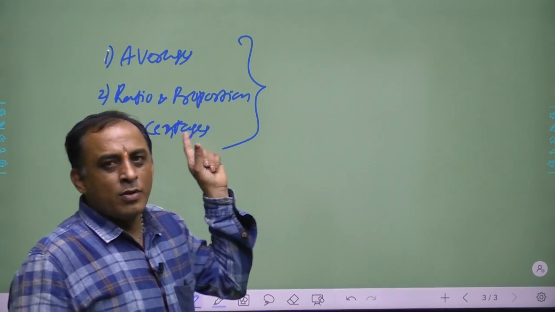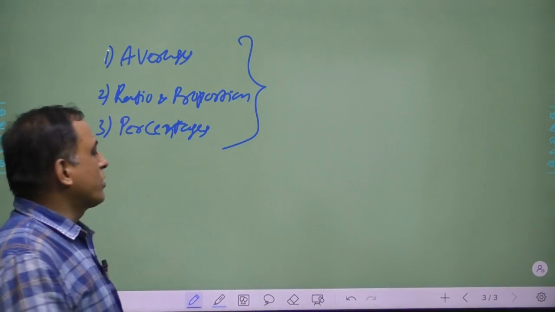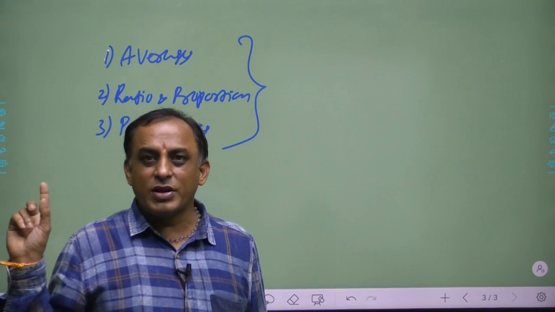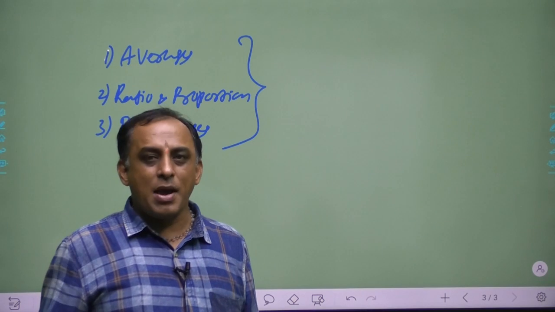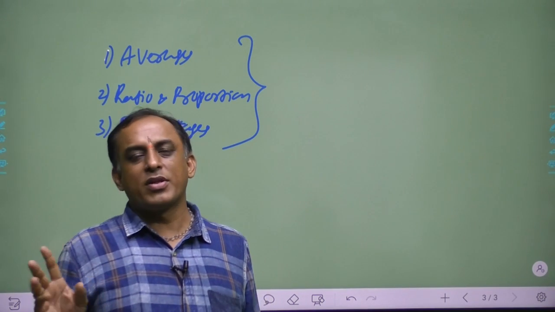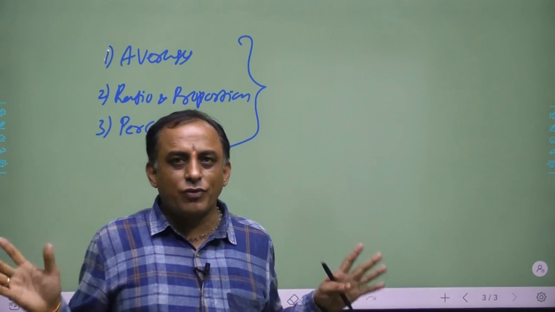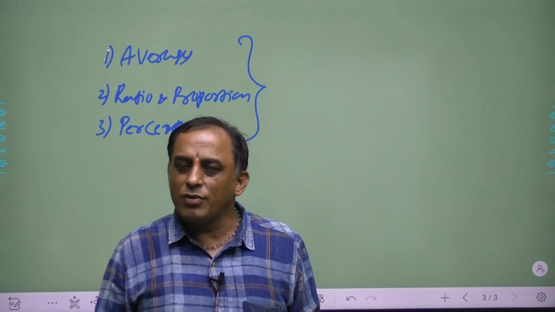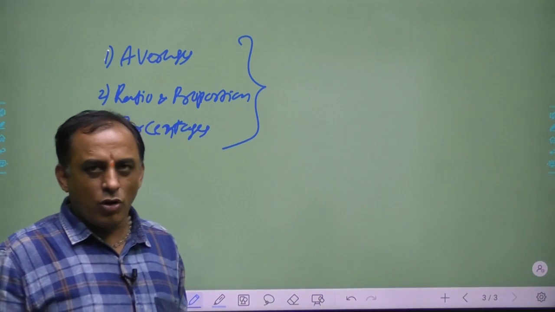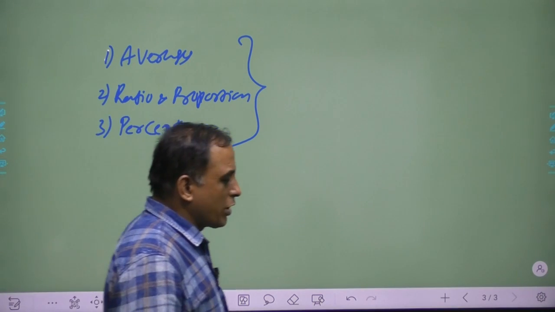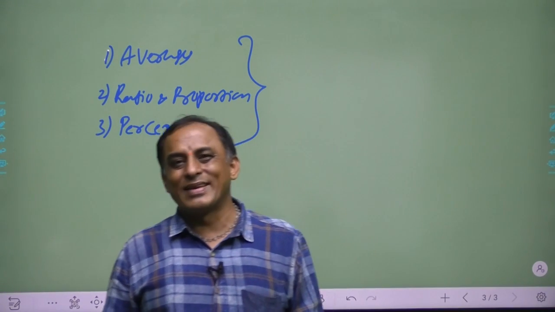The topics are averages, ratio and proportion, percentages, profit and loss, time and distance, time and work, and simple interest. Some other topics are there. So first we will discuss these aptitude topics, then data interpretation, and finally reasoning.